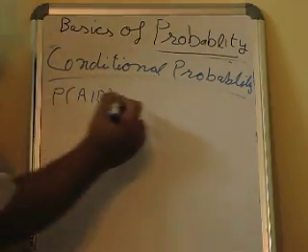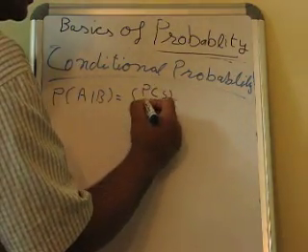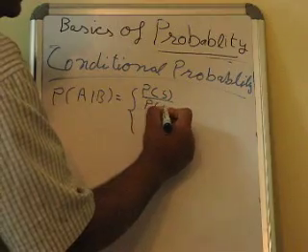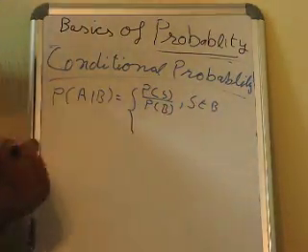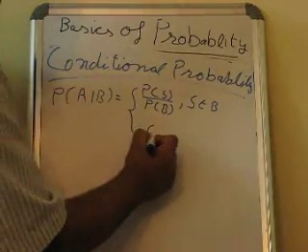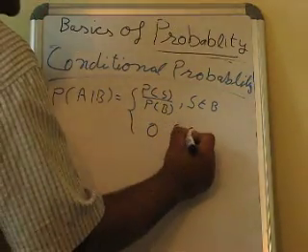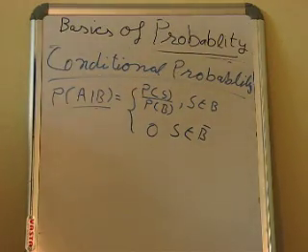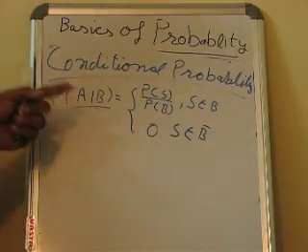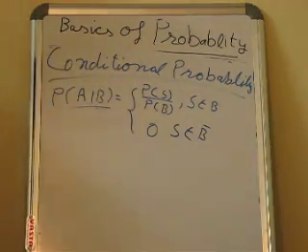It is defined as probability of S divided by probability of B, provided S belongs to B, and 0 otherwise, or you can say S belongs to B bar. So when you say the probability of A when B has already happened, that means the outcome is going to lie in B but not in B bar.